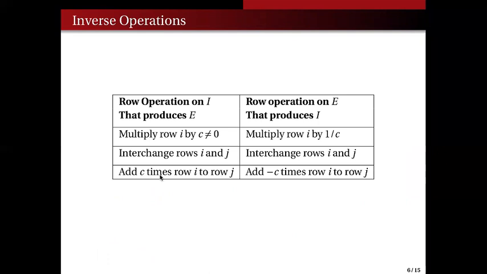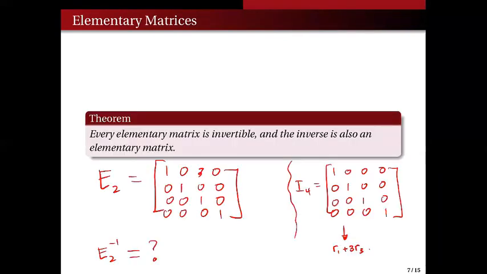Add C times row I to row J. The inverse matrix of that elementary matrix would be to apply this guy here on the identity matrix. So add negative C times row I to row J. So I claim that E2 inverse is the following.